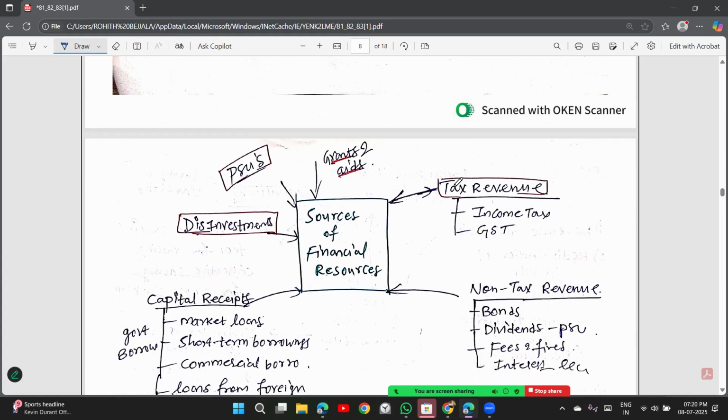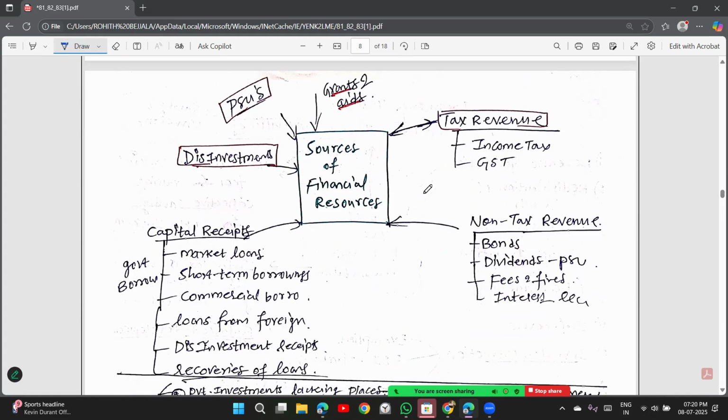Next, the resources, from where are they coming? So that is the next subtopic under resource mobilization.